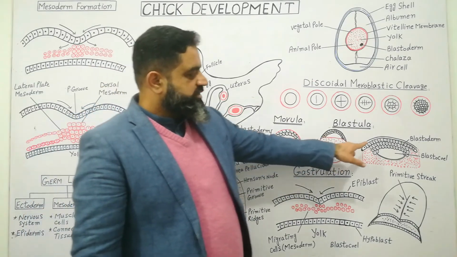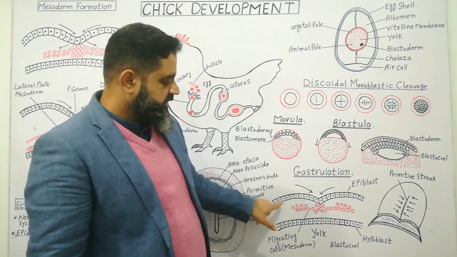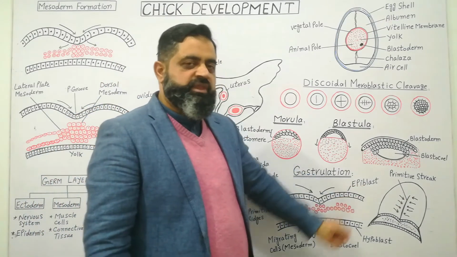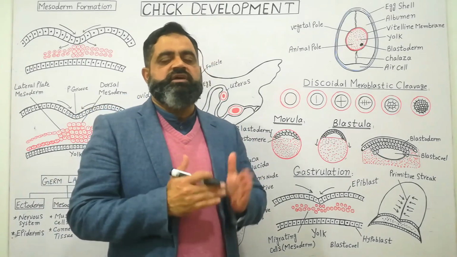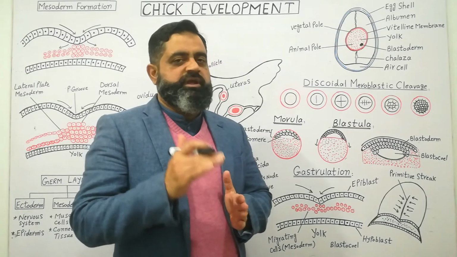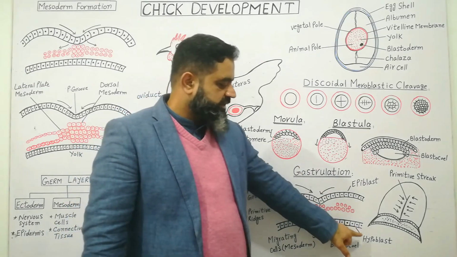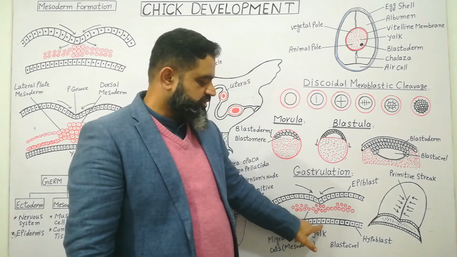When the cells of the blastoderm split from each other, the upper layer of cells is known as epiblast. This epiblast is a layer of cells which will develop into ectoderm and mesoderm. The lower layer of cells is known as hypoblast, which is just on top of the yolk.